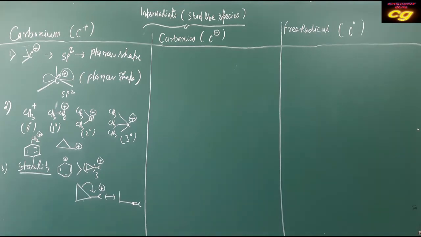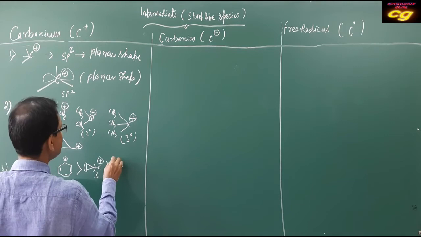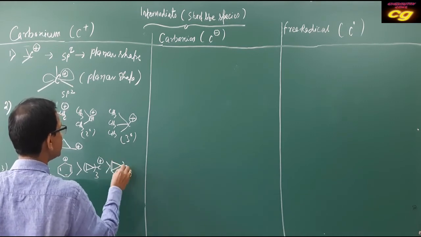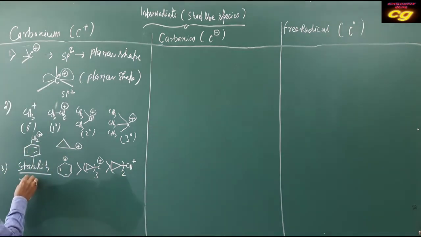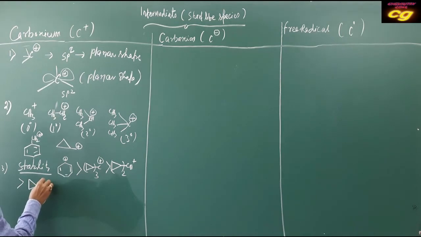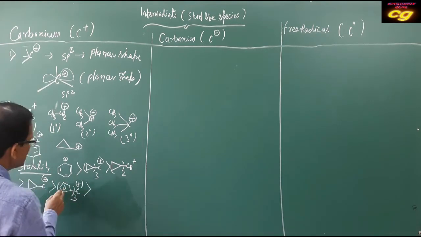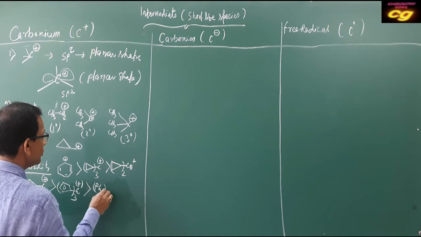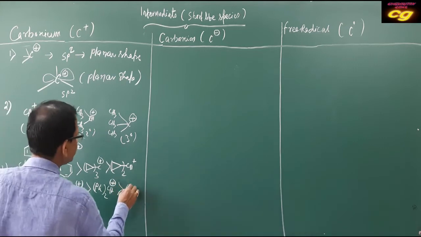So the stability order will be this one. Then we will come to this one, then this one, then the triphenyl carbocation, then this benzene can unite with CH plus, then tertiary.